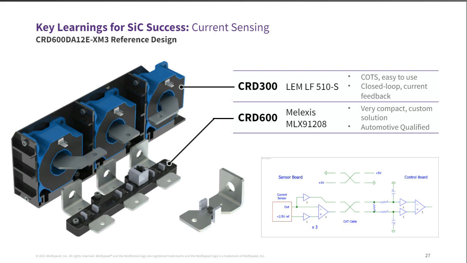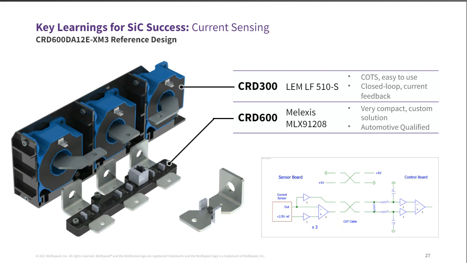So another key learning from this 600 kilowatt kit would be the current sensing. So for the 300 kilowatt kit, to compare to, we utilize LEM sensors. So these are commercial off the shelf. They're very nice, very easy to use, easy to implement.